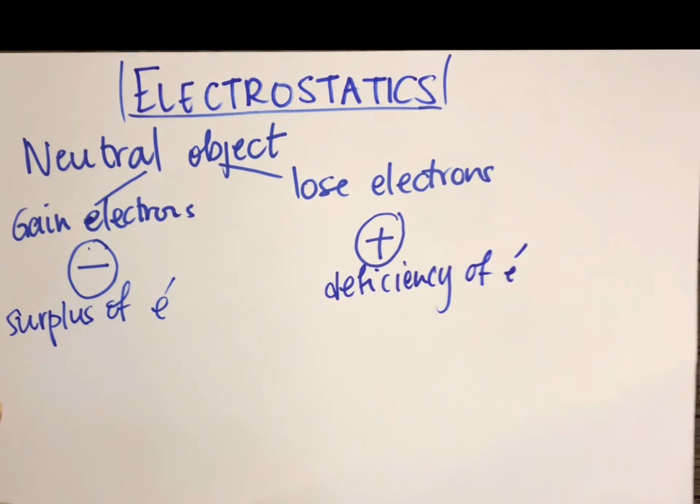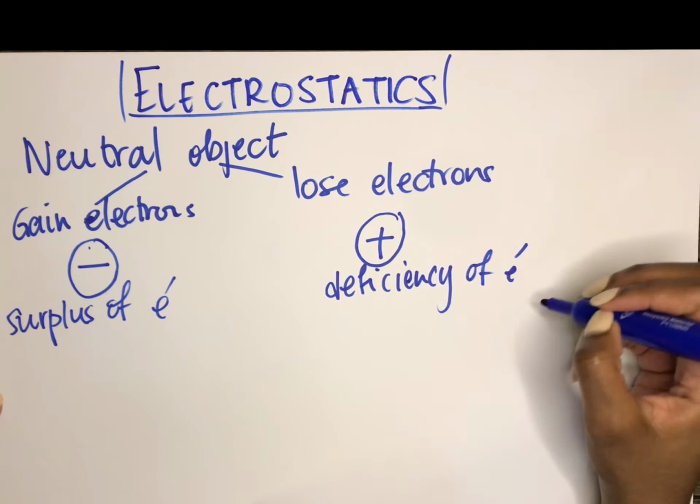of electrons, right? So the electrostatic charge is measured in coulombs, and it's usually very small. So we use micro, milli, nano, and picocoulombs, right? So these are important to remember.